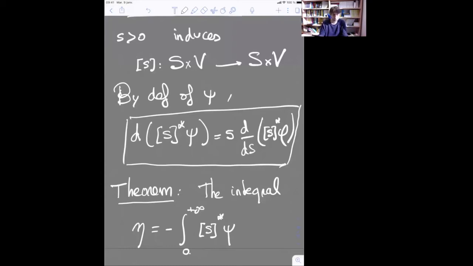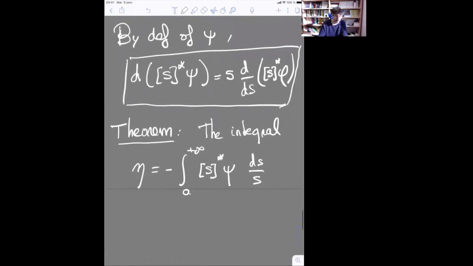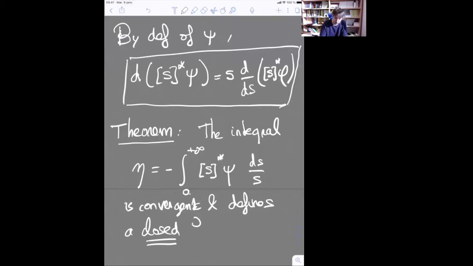So you go from one to the other, and you take this expression, and I will say that this integral is convergent and defines a closed form. So that's really the most important part of the theorem.